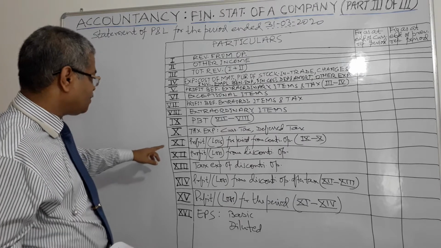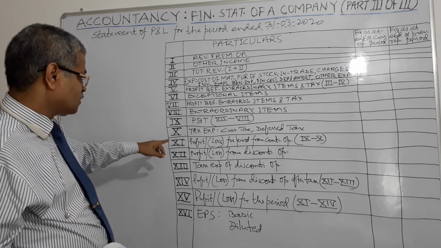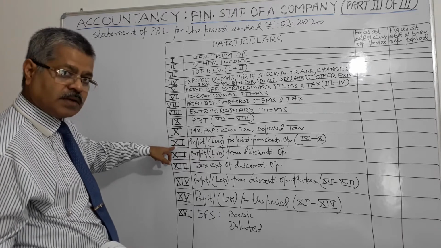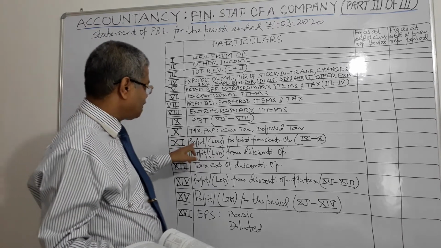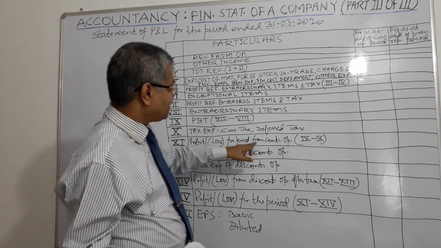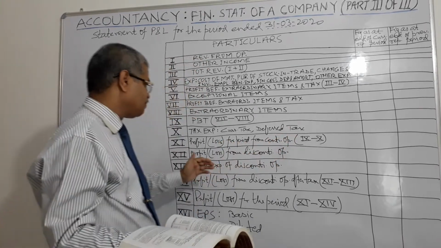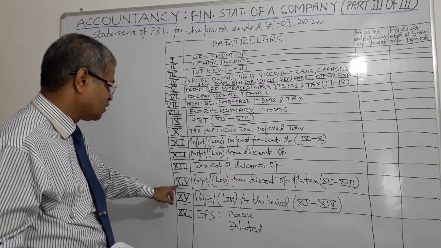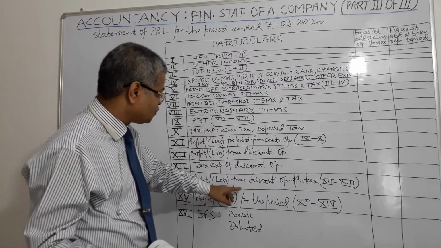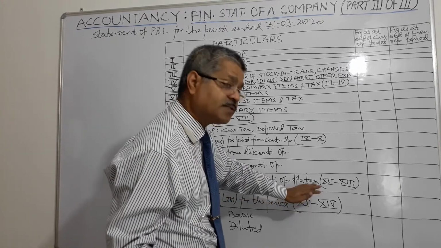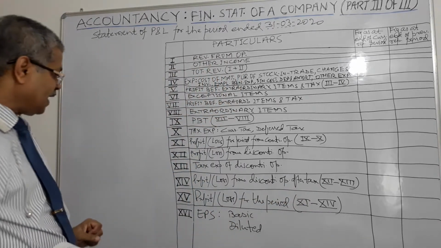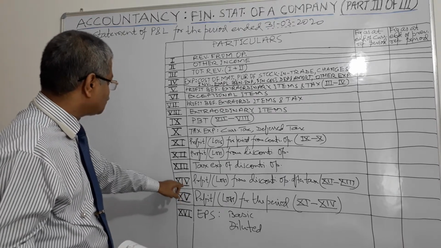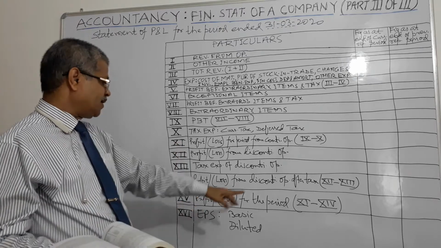As we have got item number 11, profit or loss for period from continuing operations, similarly, we have got item number 14, profit or loss from discontinuing operations after tax, right? And when we deduct 14 out of 11, then what do we get?